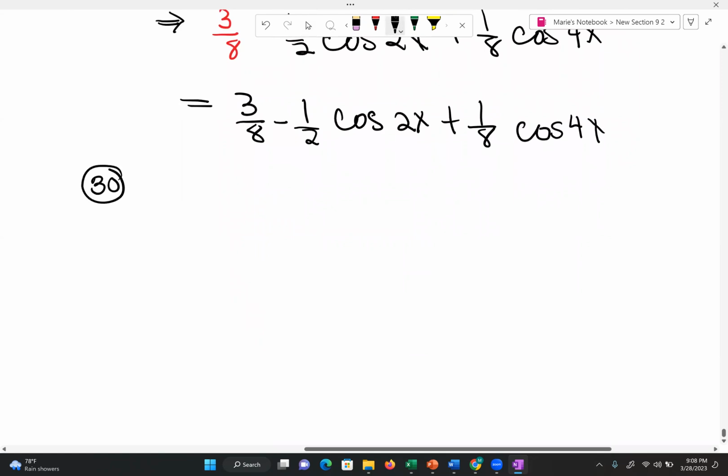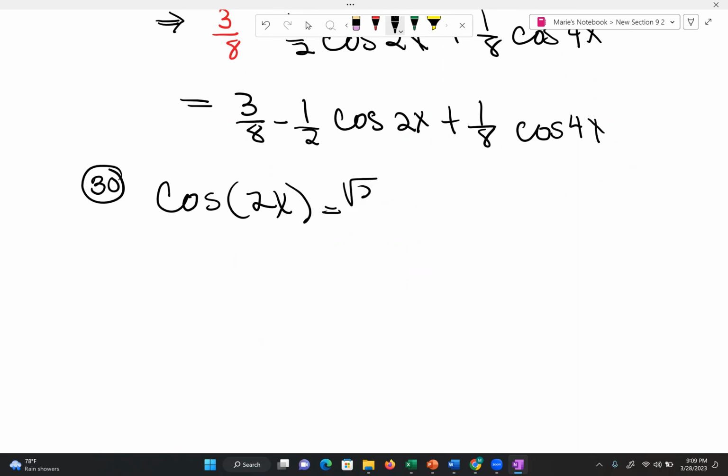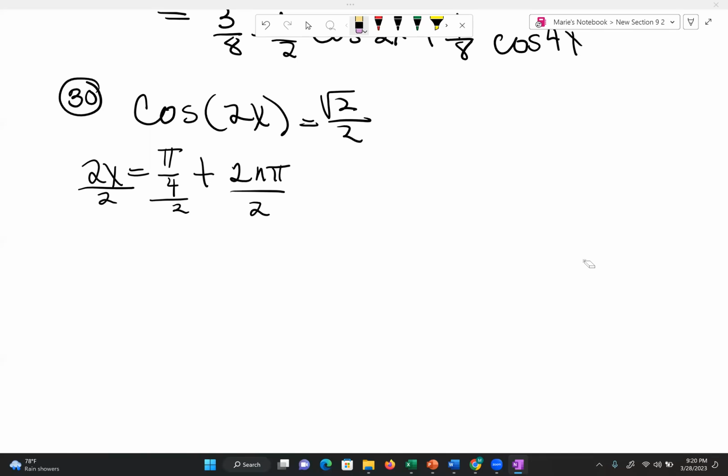This is a lot of notes. So we have cosine of 2x, and that's equal to square root of 2 over 2. And so by default, in this case, you end up with x equal to pi over 8 plus n pi.